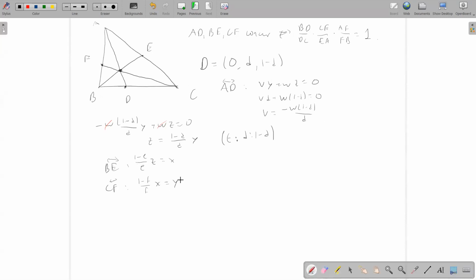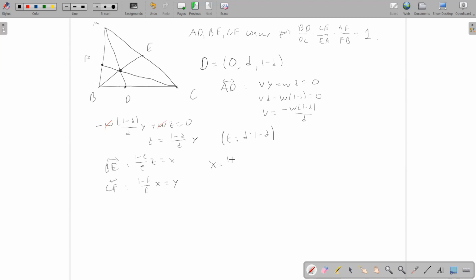Now, when does the system of equations have a solution? Well, if we consider these three equations, the three lines intersect if there's a point x, y, z such that all of these three are true. That is, if the system of equations has a solution. So when does it have a solution?